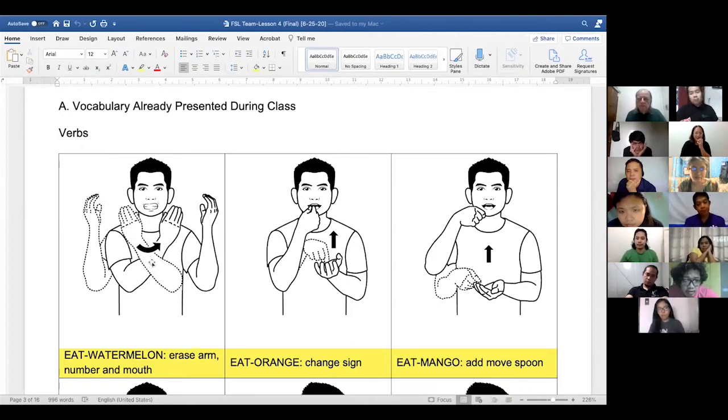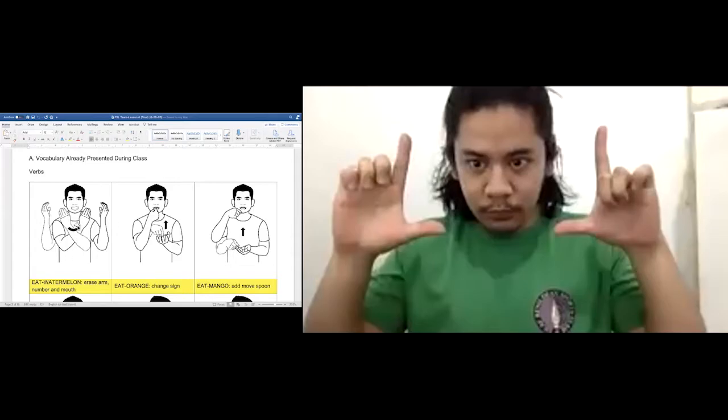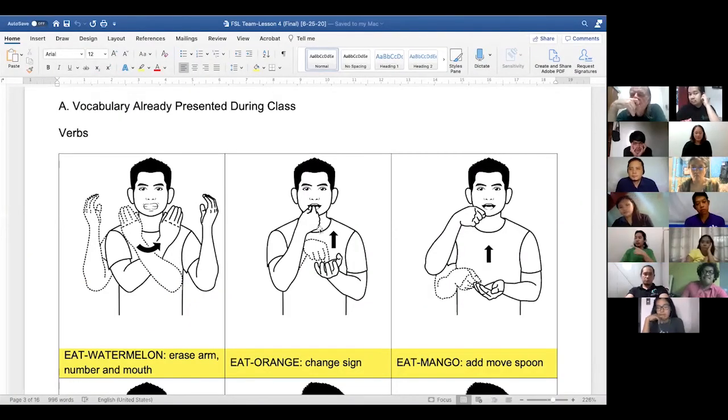And then eat orange, how are you going to sign that? How do you sign that? So this is how we eat the orange, like this.